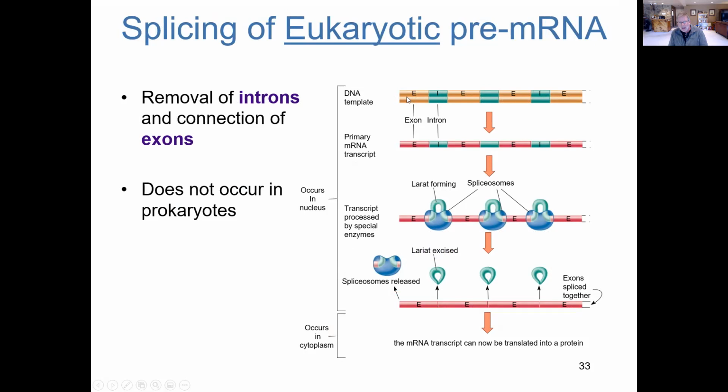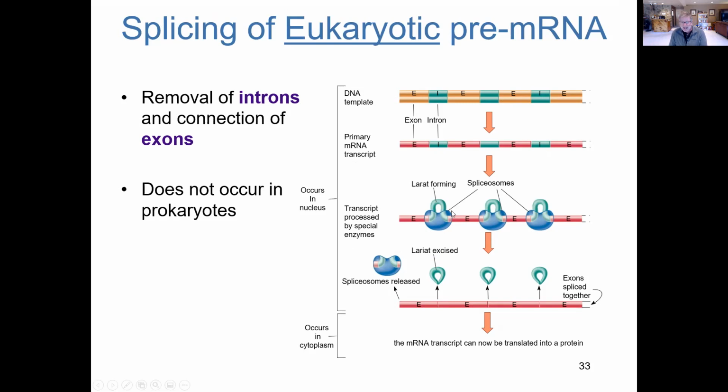So in the same way that we have I's and E's along here, we're going to have I's and E's along the messenger RNA. But we're not going to utilize the intron regions to help us make a protein. So we have to do a little bit of editing of the RNA. We have to splice the RNA.